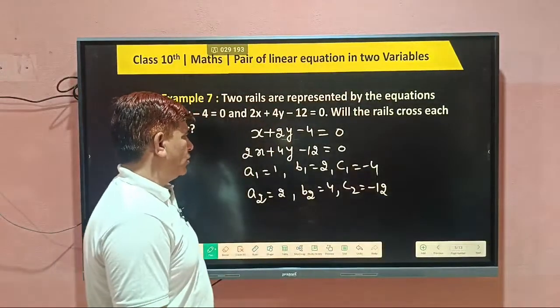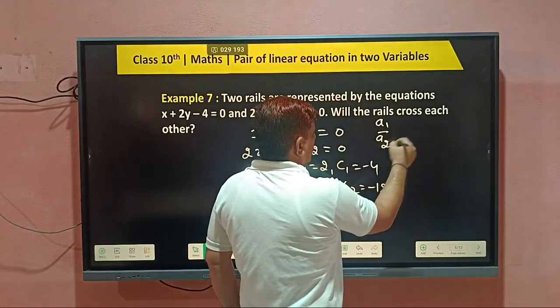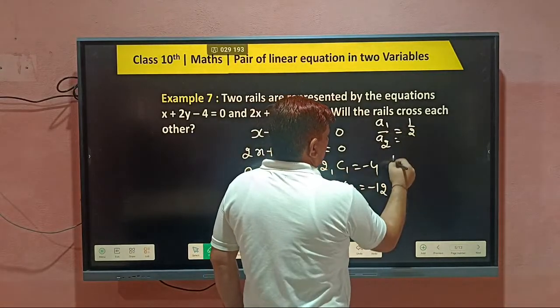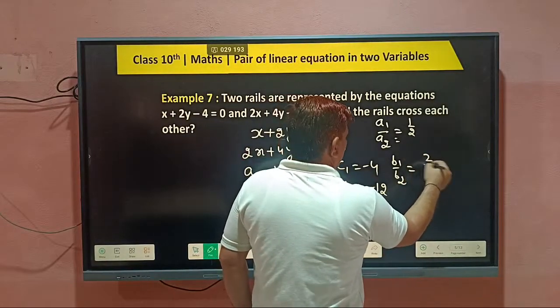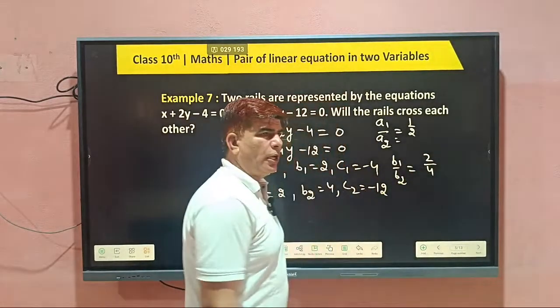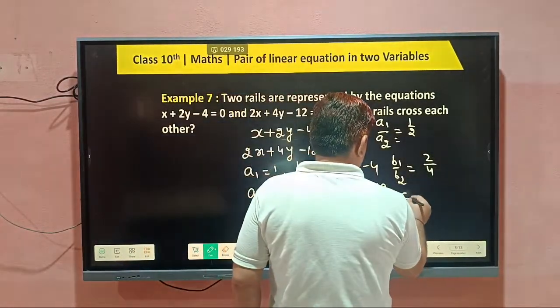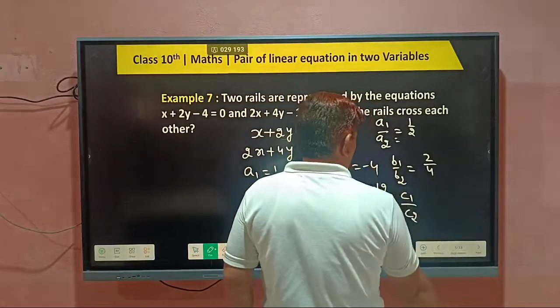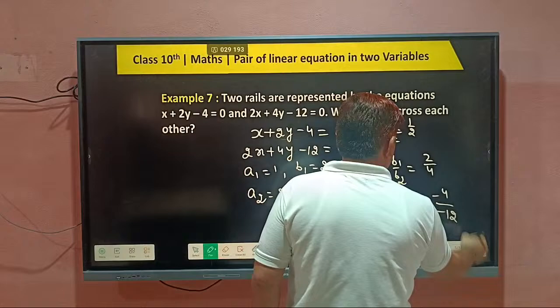So what's A1 by A2? A1 by A2 is equal to 1 by 2. B1 by B2 is what? 2 by 4. And what's your C1 by C2? What's minus 4 by minus 12?